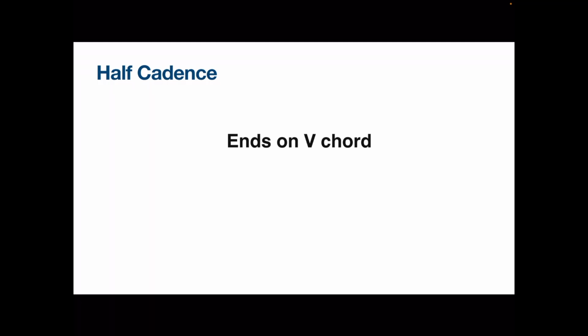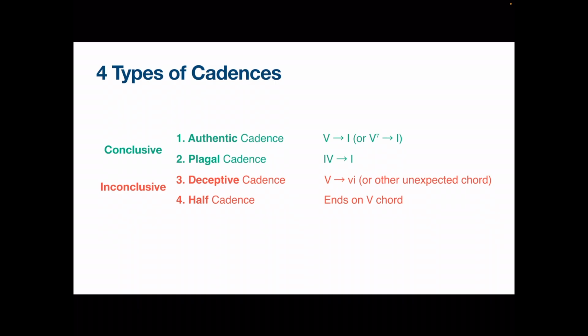But there are instances where composers will intentionally end the piece on the 5 chord because the intention is for people to feel that the piece is not done. And that is exactly what he wants to express. So if at the end of a phrase, the last chord you see is a 5, then that is a half cadence.